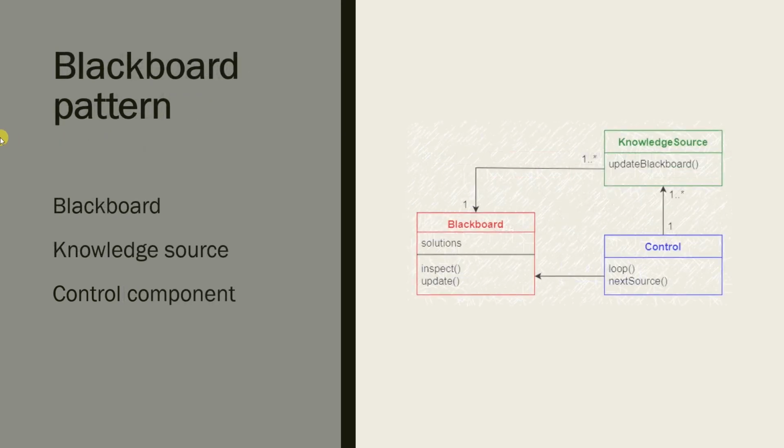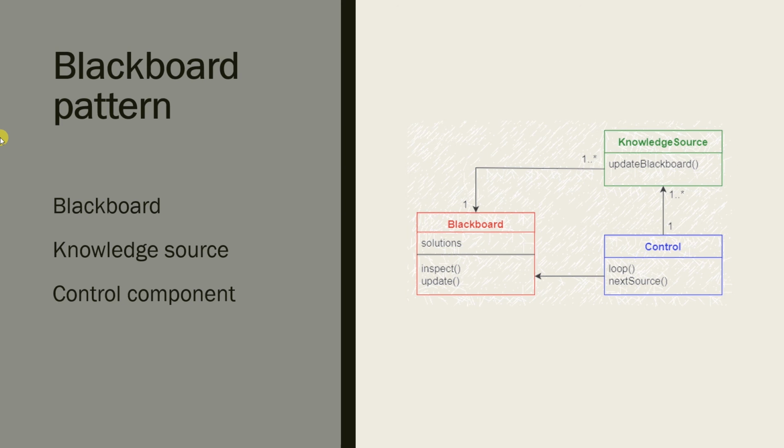And the next one is the Blackboard pattern. This pattern is useful for problems for which no deterministic solution strategies are known. The Blackboard pattern consists of three main components.